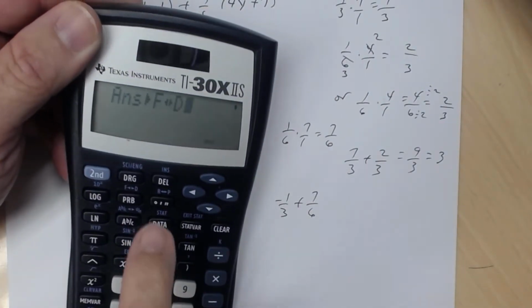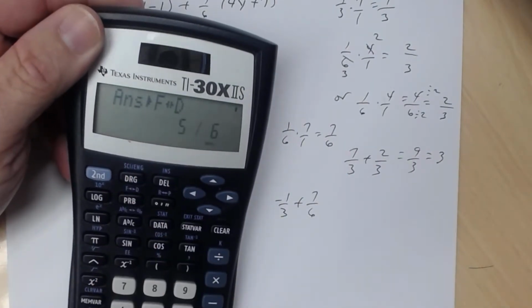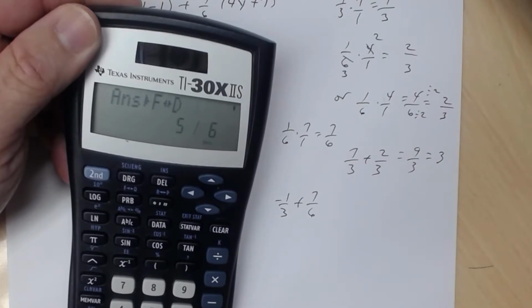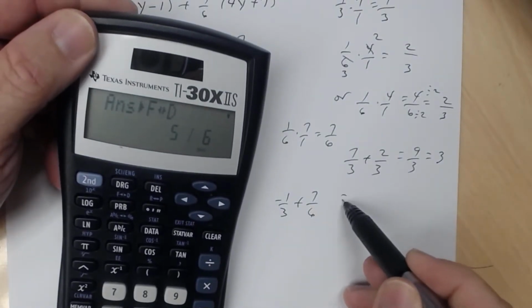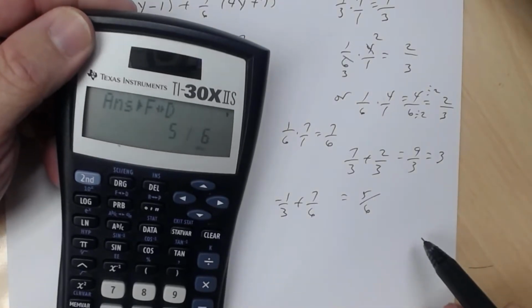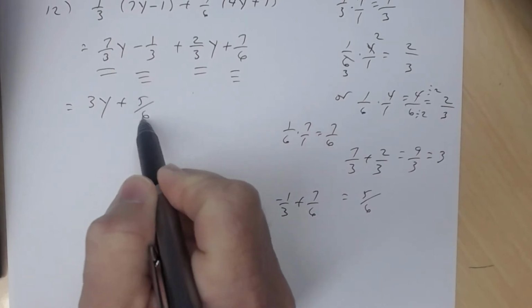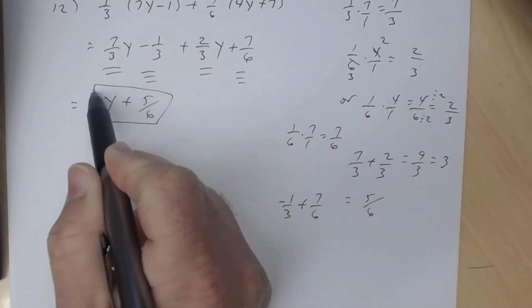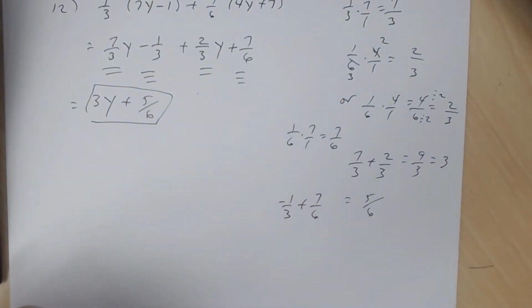And notice when you do that, you get F to D. All right, so press equal, and now what you get is this fraction, 5/6. So negative 1/3 plus 7/6 is 5/6. And so this becomes 3y plus 5/6. So there's your answer. Again, don't write it as a decimal. There are no decimals in here, so you should not have any decimals in your answer.